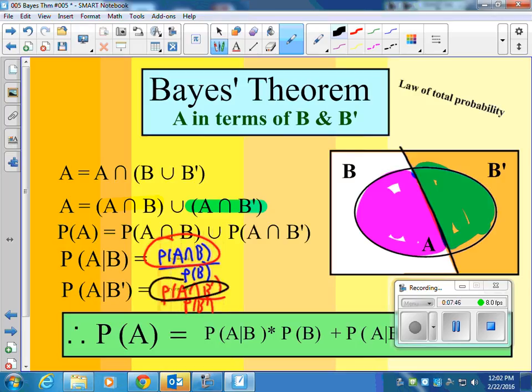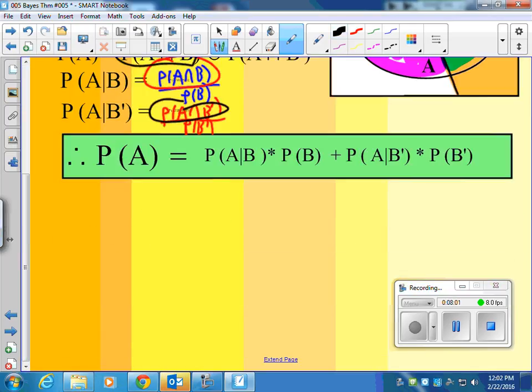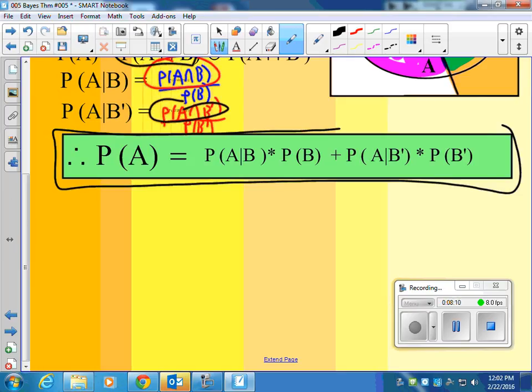And so this here is probability of A knowing B times the probability of B. And the probability of A knowing not B times the probability of not B is going to be replacing the probability of A intersect not B. This is Bayes' theorem.